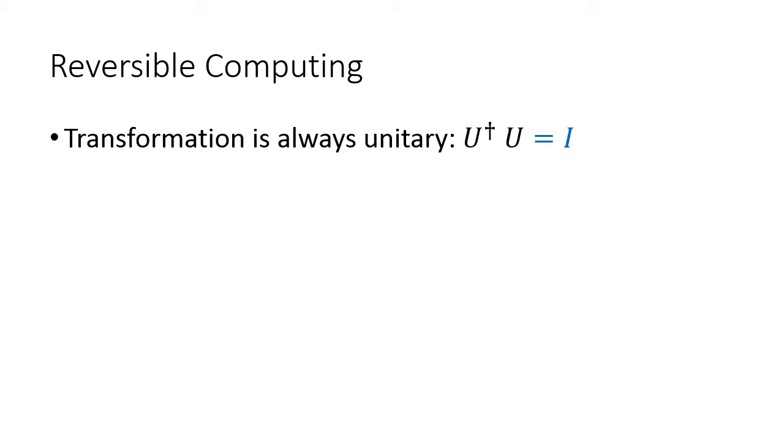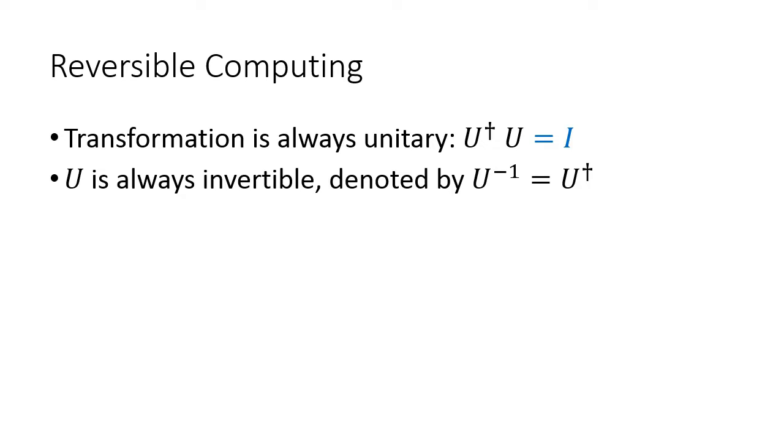So what kind of properties does U have? That is, U dagger U equals identity. And U is always invertible, and the inverse of U is U dagger.